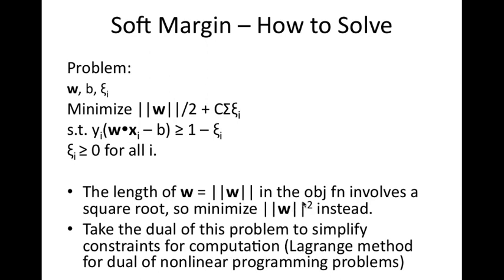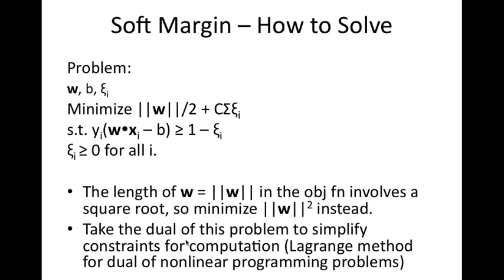So we can minimize w squared instead, which is just a quadratic term. That's w1 squared plus w2 squared plus w3 squared, and so on, however many w's you have. So that's a little bit easier to solve right off the bat.